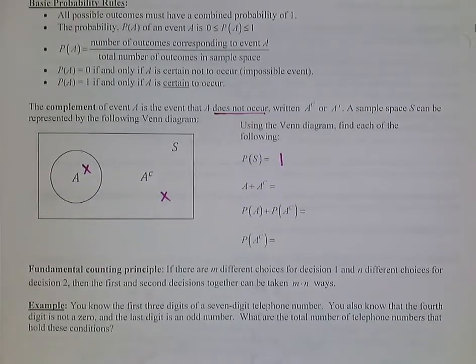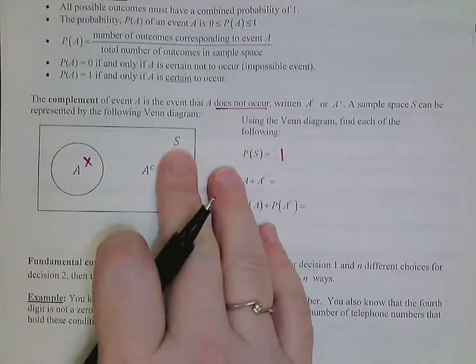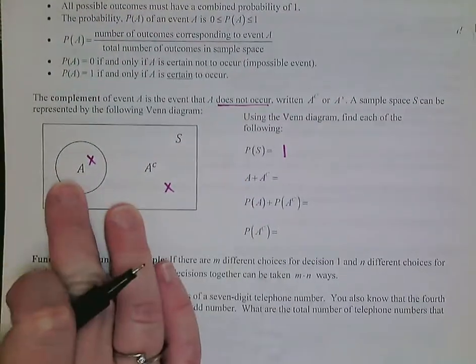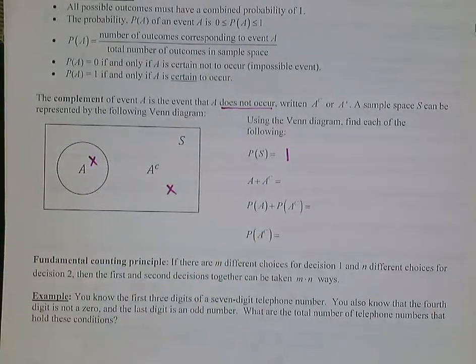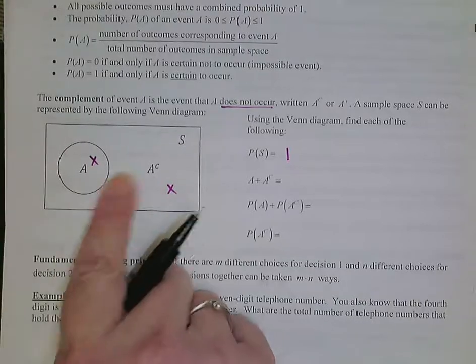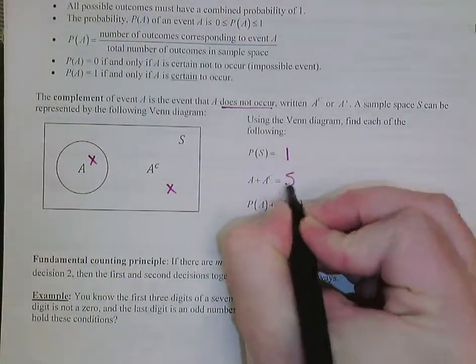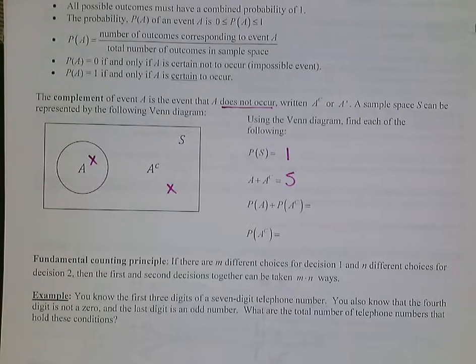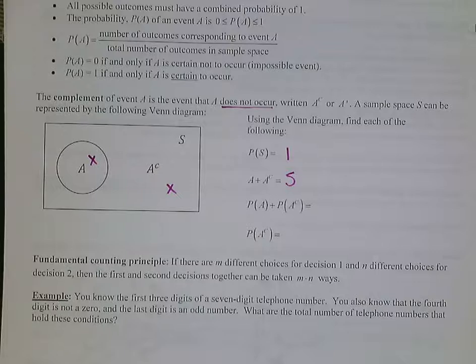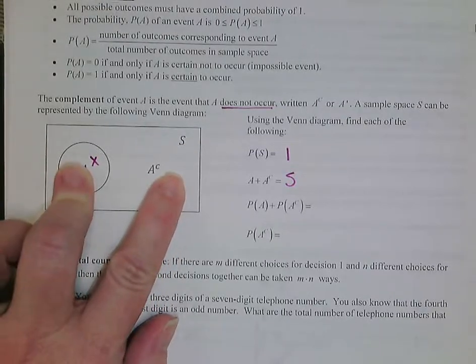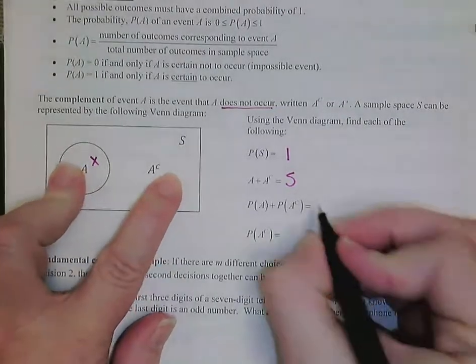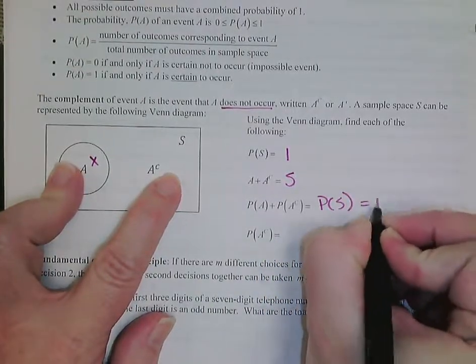And since our sample space S is made up of either A or A complement, it either happens or it doesn't, that means that the sum of A and A complement represents all of the possible outcomes. So A plus A complement would be our total sample space. Which means that if I take the probability of A happening and I add the probability of A not happening, then I get the probability of S, which again would just be 1.